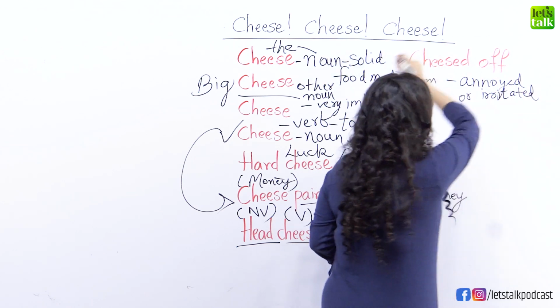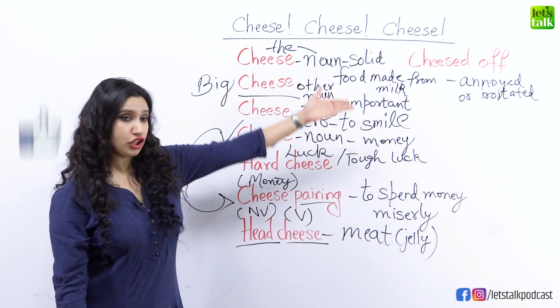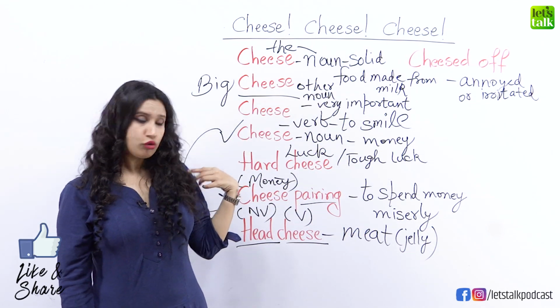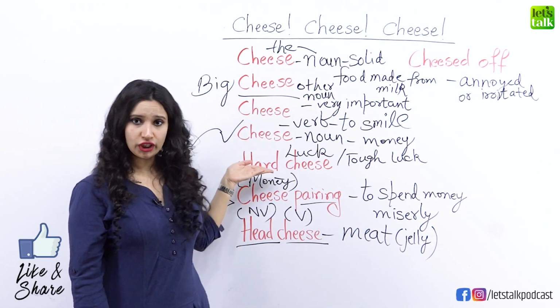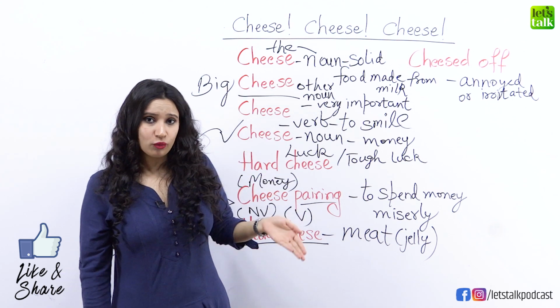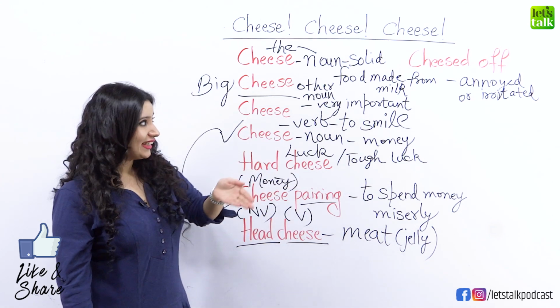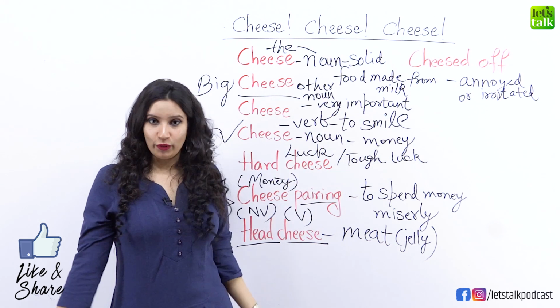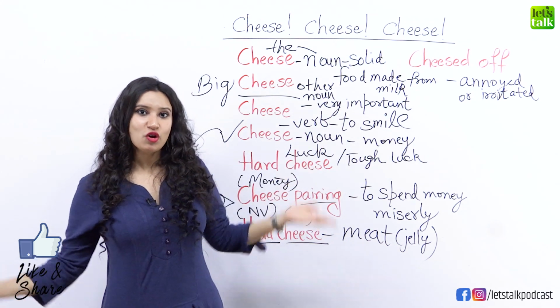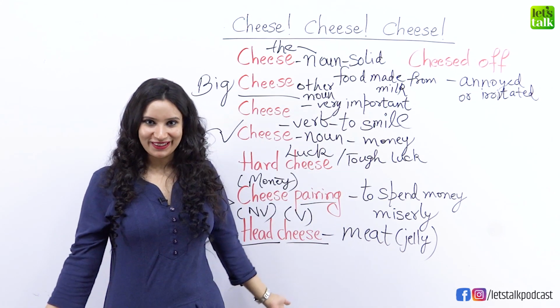So if you're really annoyed or irritated, you could say that you're cheesed off. And my friend who is not able to make enough cheese at his 1 pound job, he is quite cheesed off with it, which means that he's quite annoyed with it.